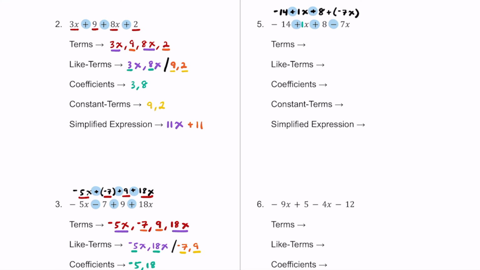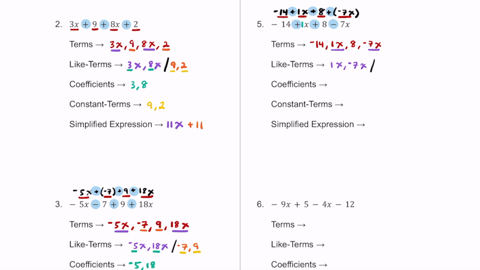All right, so do we have all plus signs here? We have plus, plus, and plus, so 3 plus signs, so we must have 4 terms. So 1, 2, 3, and 4 terms. So negative 14 is the first one, positive 1x is the second one, positive 8 is the third, and negative 7x is the fourth term. Now, which ones are like each other? Well, let's start with the x's. We have 1x and negative 7x, so positive 1x, negative 7x, those are like each other.